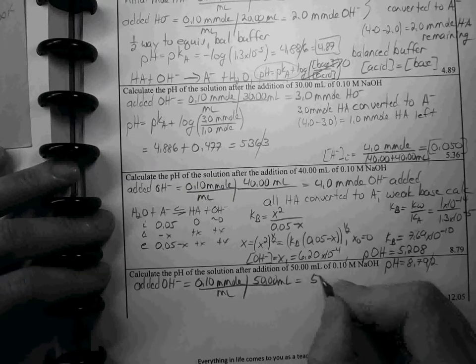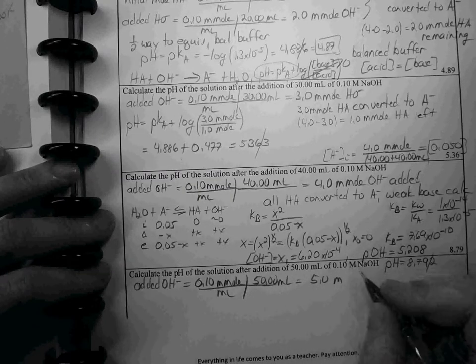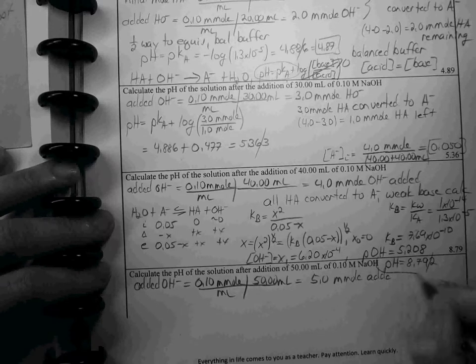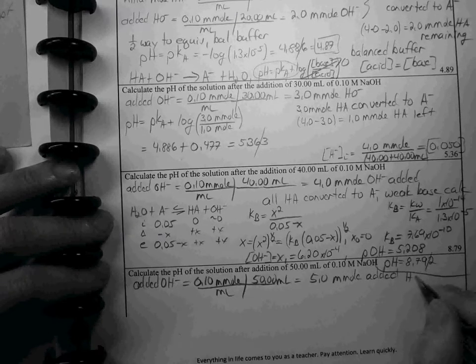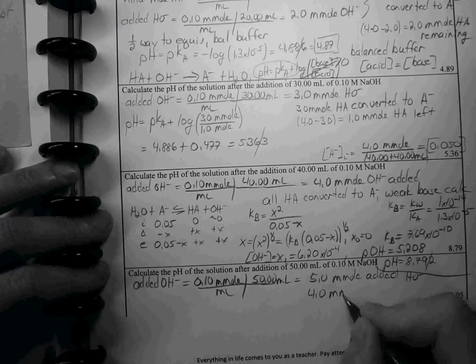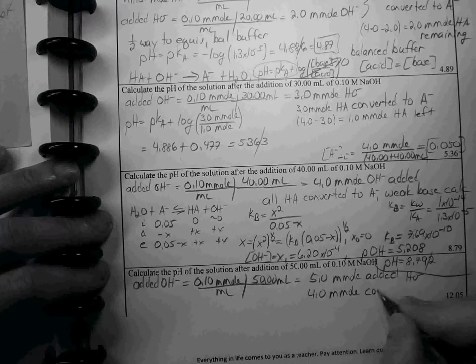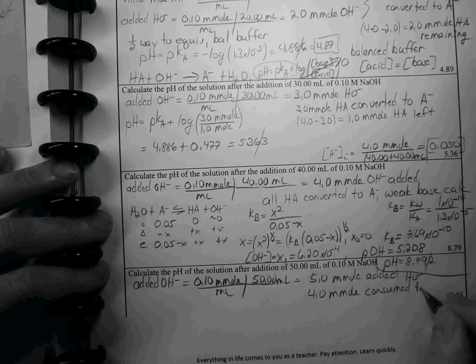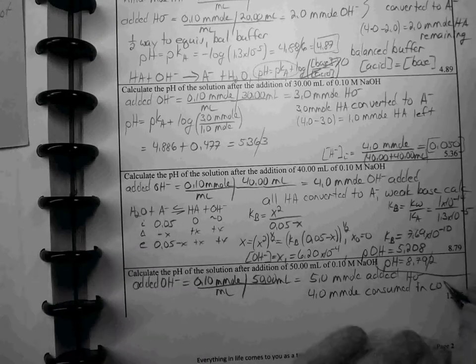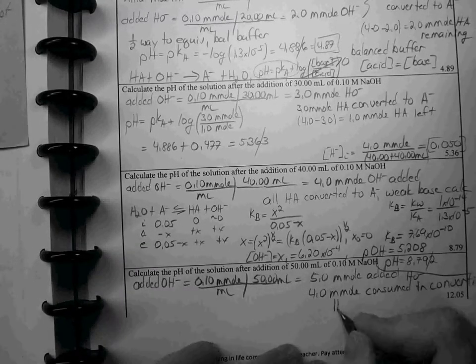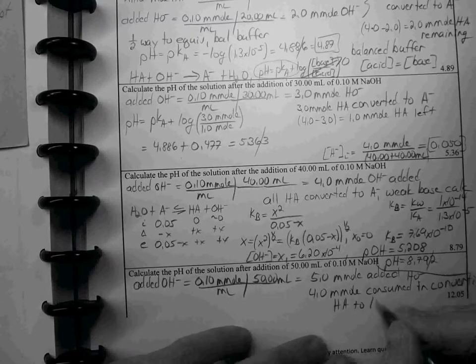We now have 5 millimoles of added hydroxide, and 4 millimoles were consumed in converting the HA to A minus.